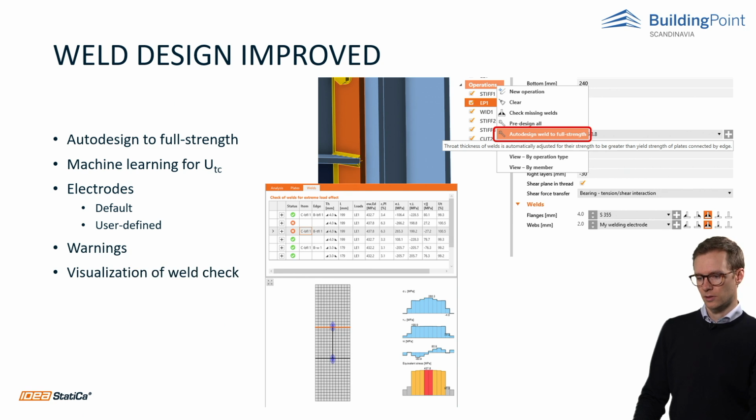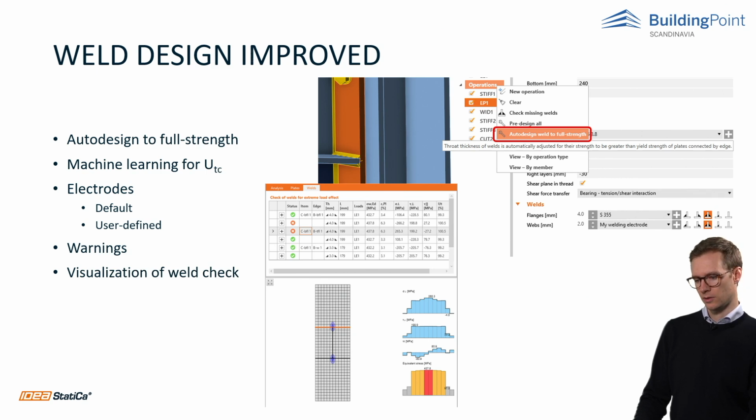Now there's an auto design weld to full strength button. By right clicking on the operation, you can hit auto design weld to full strength. Basically it lets you optimize the weld size based on the welded plate strength. Then machine learning has been implemented for better determining the weld utilization.